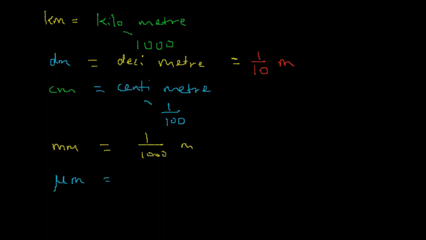Now micrometer, let's see, it's spelled M-I-C-R-O, meter. Now micrometer, the micro here means 1 over 1 million. So that's 1 over 1 followed by 6 zeros.